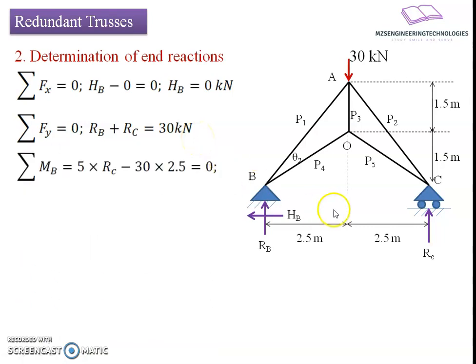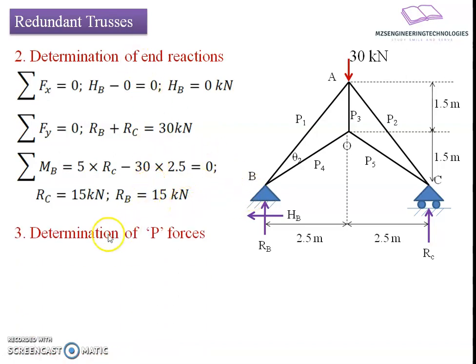If I take the moment of the forces about the joint b, then the reactive force rc into 5 will have an anti-clockwise twist, minus 30 into 2.5 will have a clockwise twist, resulting into value of rc equals 15 kilonewton. If I back substitute this into the previous relation, we'll get rb value as 15 kilonewton. After knowing the reactive forces, I will go towards the determination of the member forces in the statically admissible case.